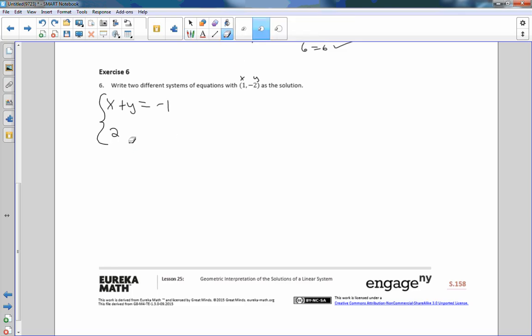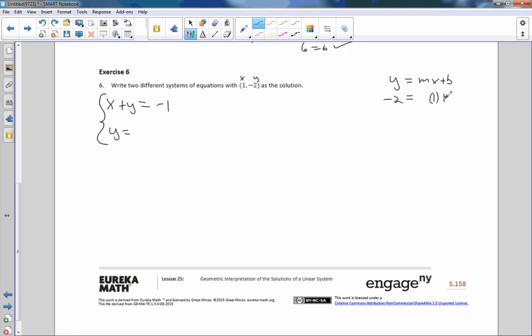Let's see, y, which is negative 2. I'm trying to make one standard and one slope intercept. So I'm just going to do this over on the side. If I have y equals mx plus b, and I know my y is negative 2 and my x is 1, what can I do with m and b to make that true?